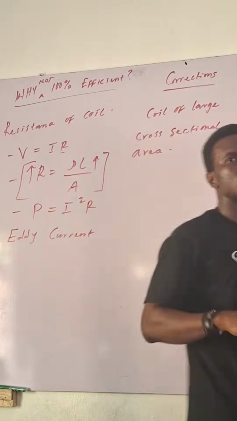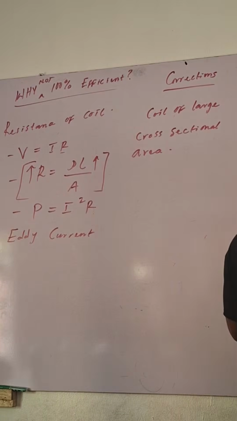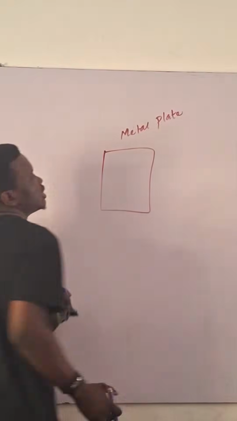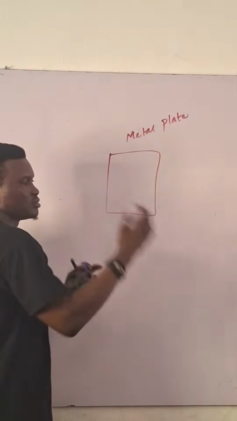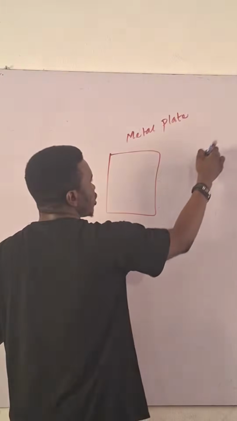So let me just explain it this way. If you have a metal plate, and the metal plate keeps moving in a flux.